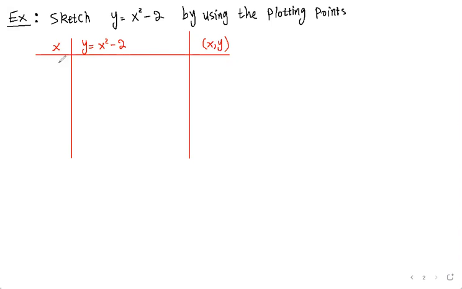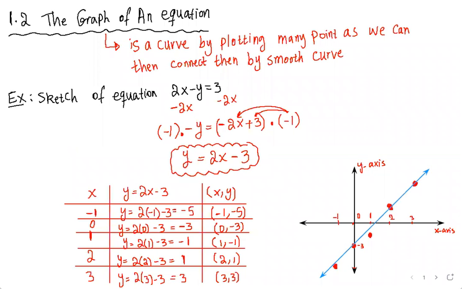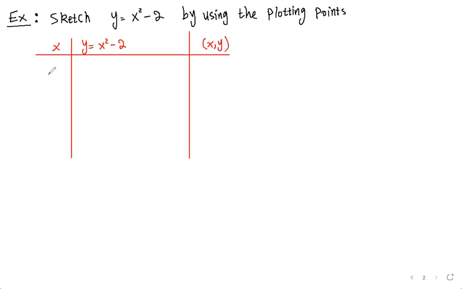So which points would you like to use here? We could use the same numbers from last time. Yes, but let me take more negatives because last time we got only -1. So we're going to use these numbers, but we have to add another negative number. Let me take the -2. So -1, 0, and 1, and 2. So again, you plug it inside the equation and we get the point xy.